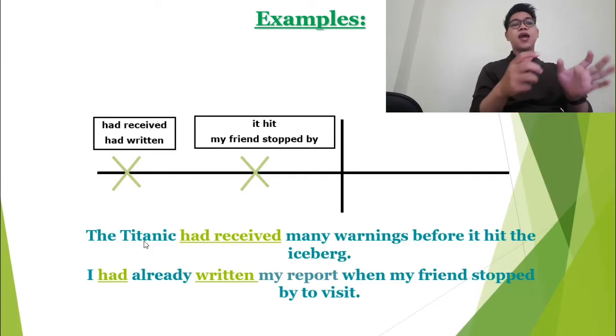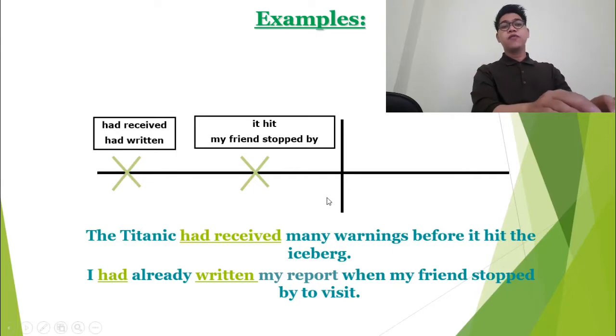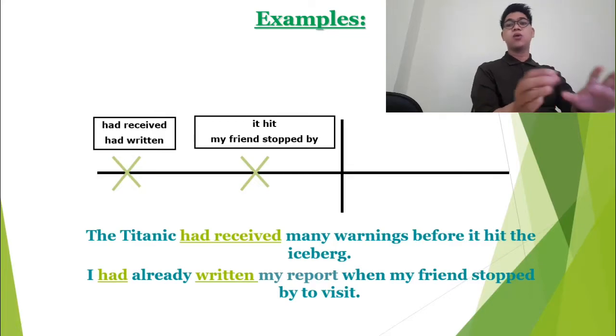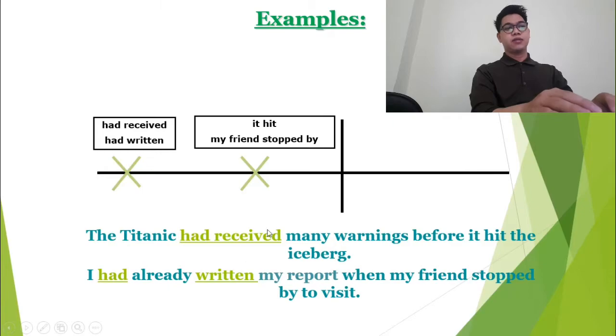There were so many notifications before the Titanic hit the iceberg. We can explain it using the past perfect, so we use had received. The Titanic had received many warnings before it hit the iceberg.